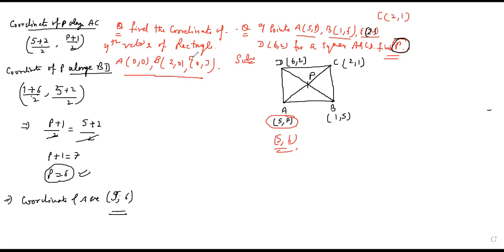With the help of a pencil and a pen. So for C, you have written 0, 3. Yes, for C it is 0, 3. For B it is 2, 0.